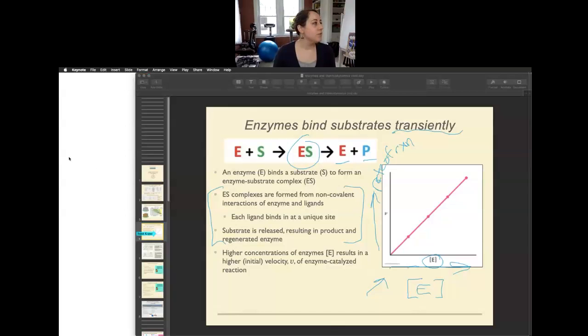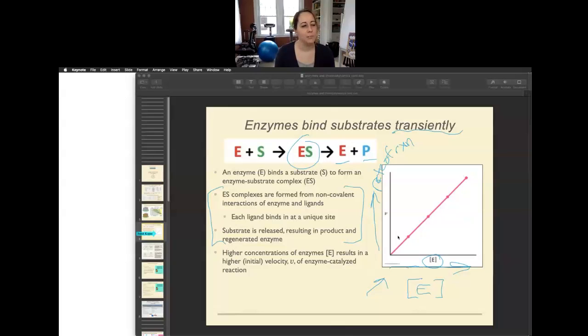And we see that this graph is illustrating a situation where we are adding more and more enzyme to our reaction mixture. So we start out with no enzyme, and then we increase the amount of enzyme across this axis, and the reaction rate increases.